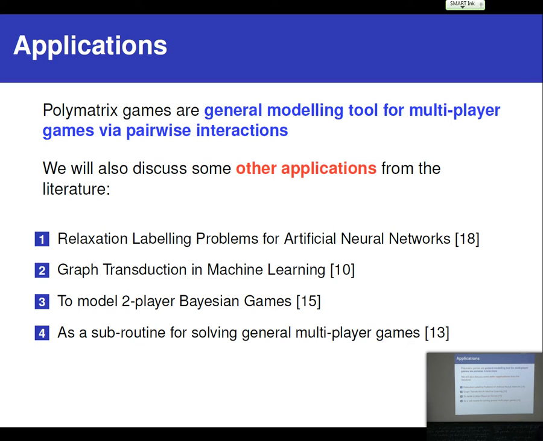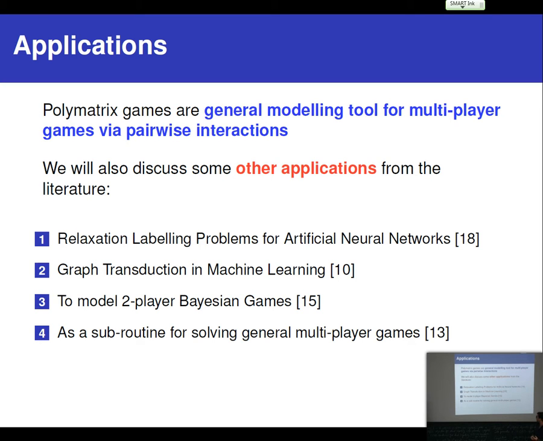Yeah. So application-wise, I'd like to claim, as I was just doing, that they can be useful as a general modelling tool for multiplayer games. But we'll also discuss a couple of applications that have appeared in the literature. The top two are rather similar, and we'll come back to those. That is a relaxation labeling problem for artificial neural networks and a graph transduction problem in machine learning.